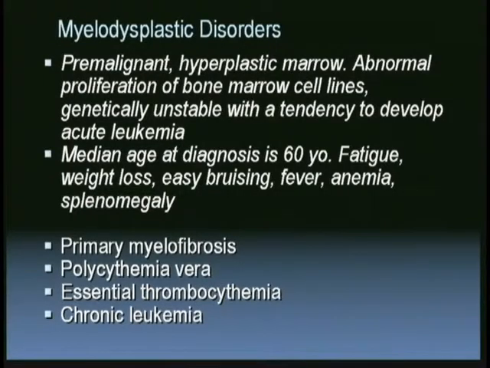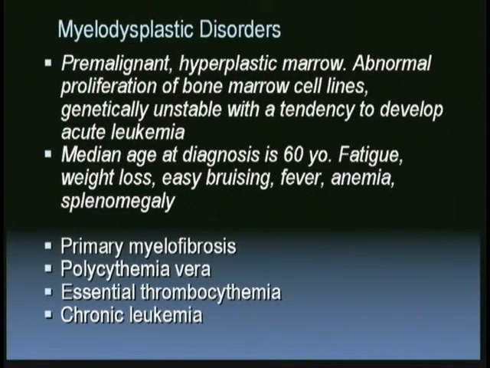Myelodysplastic disorders are pre-malignant bone marrow abnormalities where you have abnormal proliferation of a cell line. They are unstable and have a tendency to develop acute leukemia. Usually diagnosed around the age of 60, the patient complains of fatigue, weight loss, easy bruising, fever, anemia.